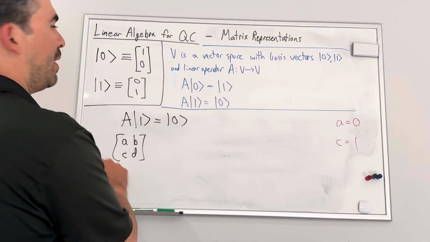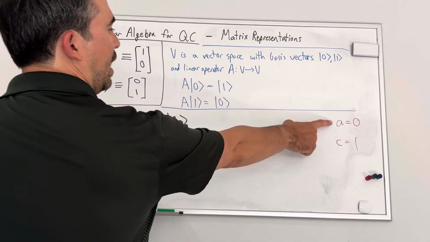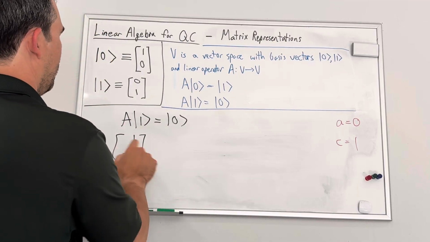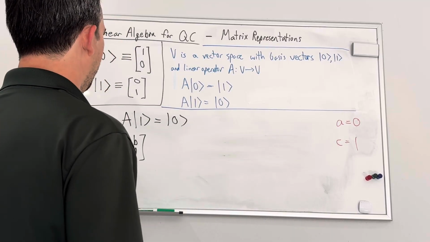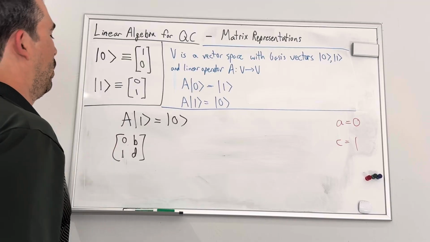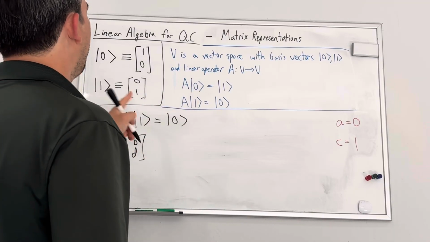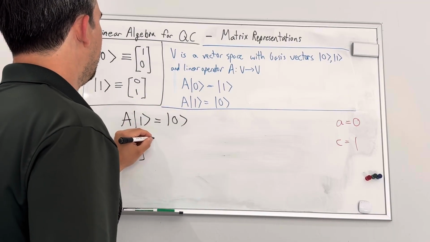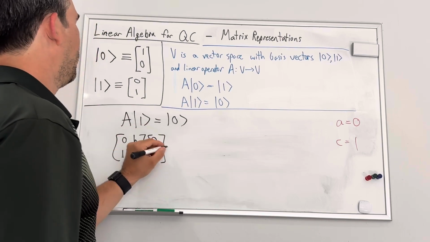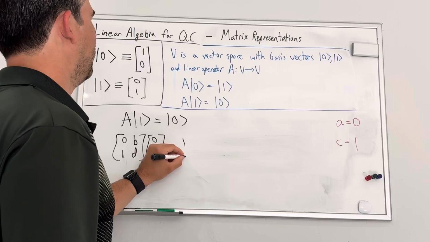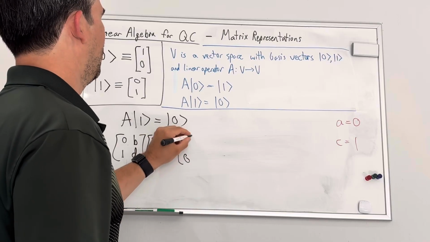But really, I can make a substitution here. I know that a equals 0, so I'm just going to put 0 right there. And I know that c equals 1, so I'm just going to put a 1 right there. Now, when I multiply by the 1 vector, which looks like this, I'm going to get the 0 vector, which looks like that.